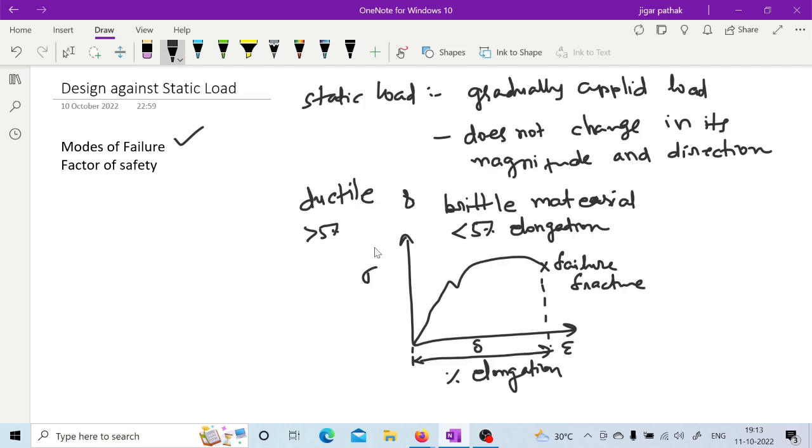So once you have an idea about the different nature of the material, whether ductile or brittle.